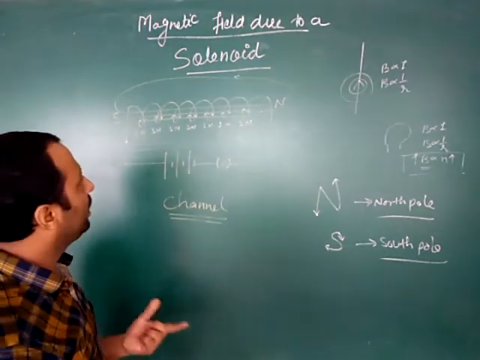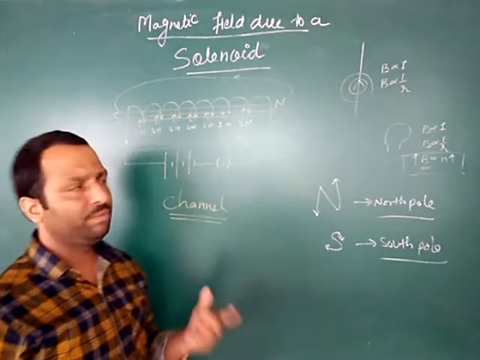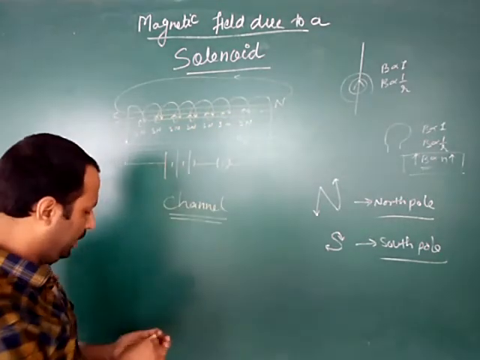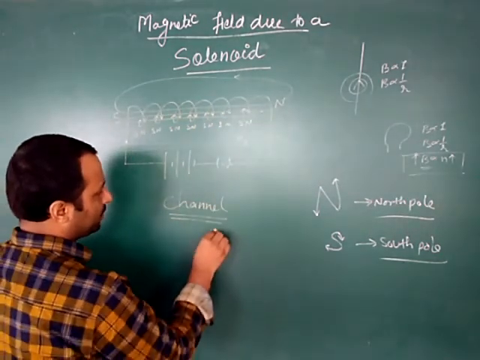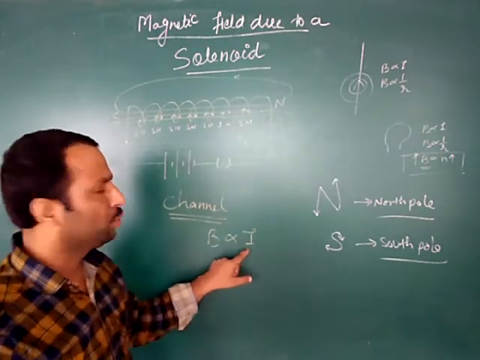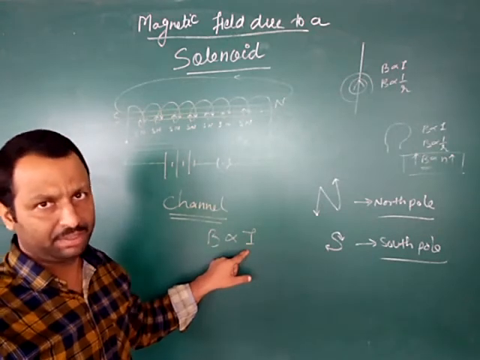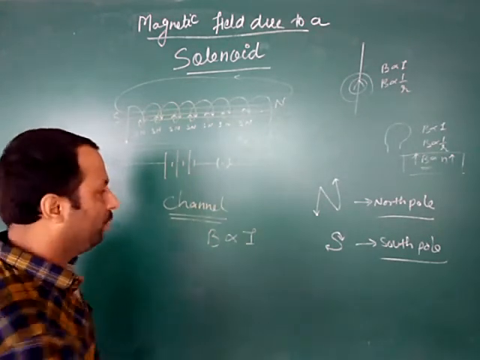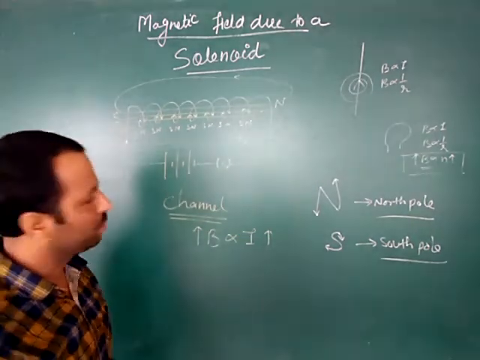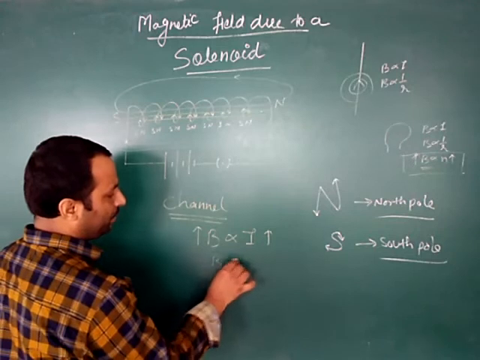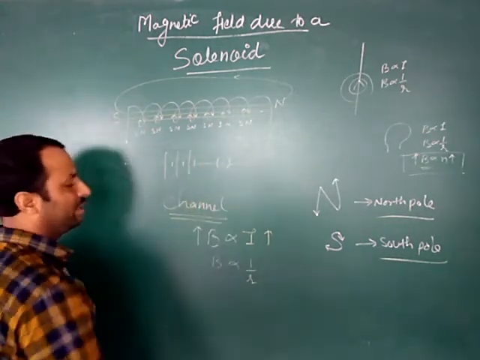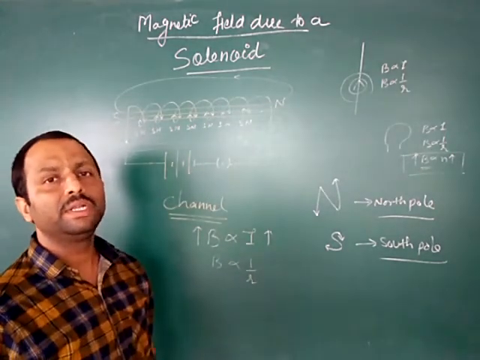Now let us study the factors on which the magnetic field due to a solenoid depends. The magnetic field produced due to a solenoid is directly proportional to the strength of the current passing through the solenoid. The more current is passed, the more magnetic field is produced in the solenoid. Secondly, the magnetic field is inversely proportional to the distance. As the distance increases, the strength of the magnetic field decreases.